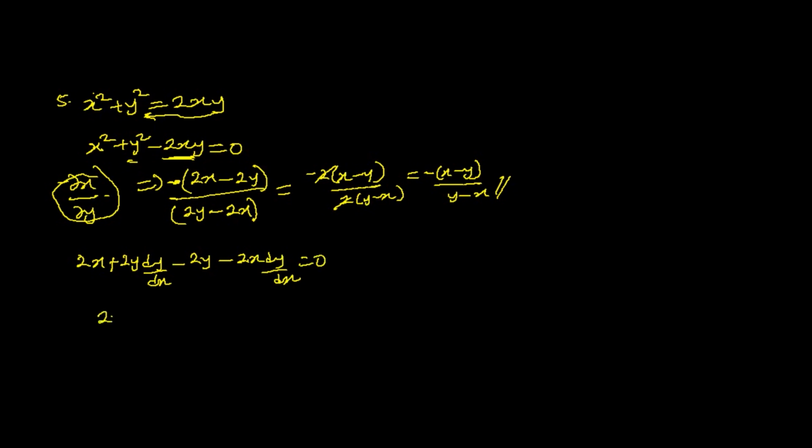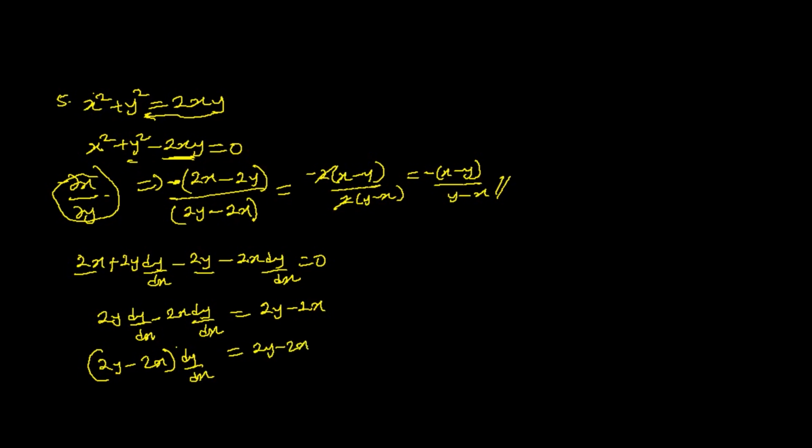So we have 2y dy/dx minus 2x dy/dx equal to, take this one and this one to the other side, we have 2y minus 2x. So now 2y minus 2x, the bracket of the dy/dx is going to be equal to 2y minus 2x.